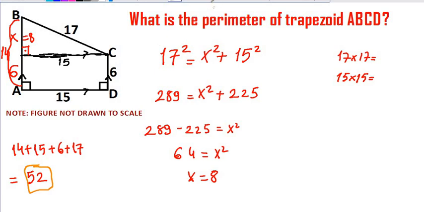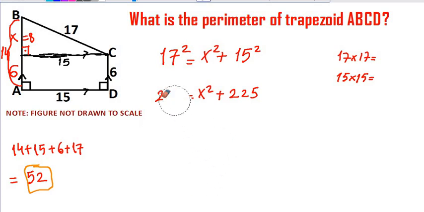Alright, so actually we could do something else here. We can solve this question after this. We could do this. We can take 15 squared to the left, so we'll get 17 squared minus 15 squared is equal to x squared. So this is the difference of squares.